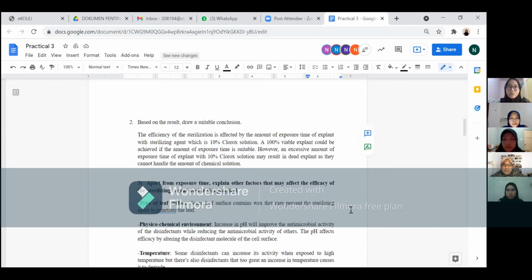And I assume we can achieve 100% viable Splen if the exposure time is suitable. However, an excessive exposure time of Splen with 10% chloride solution may result in dead Splen as they cannot handle the amount of chemical solution.